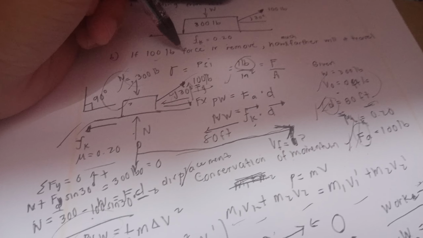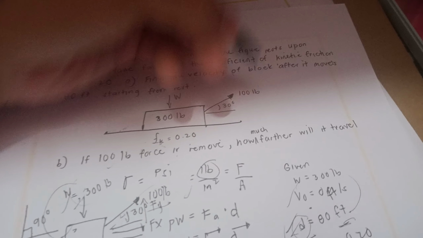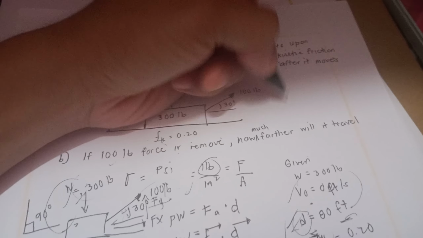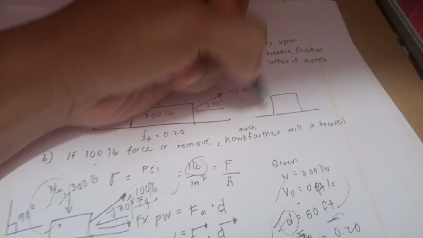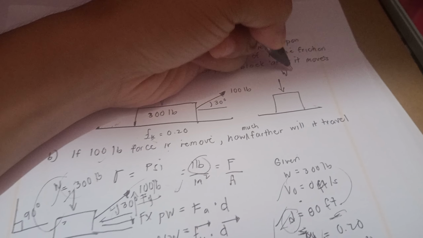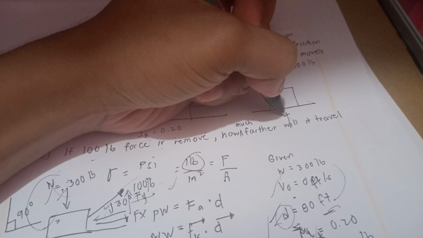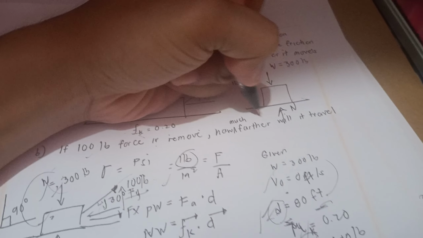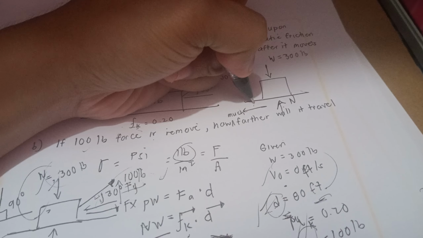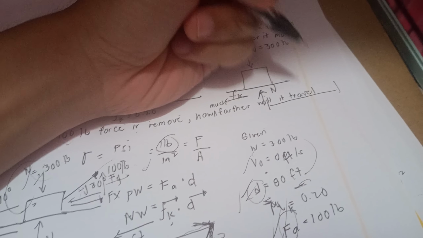Ngayon, ang assumption na lang natin dyan, may weight na lang, which is W, 300 pounds. Tapos merong normal force. Tapos merong friction, that is mu of k. Pero meron pa rin tayong distance.